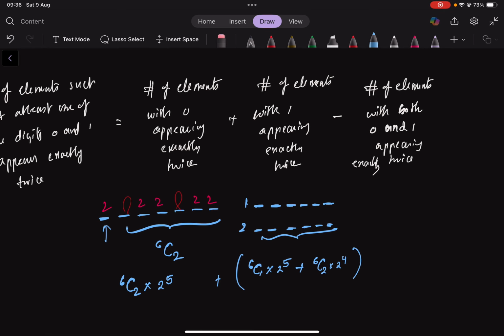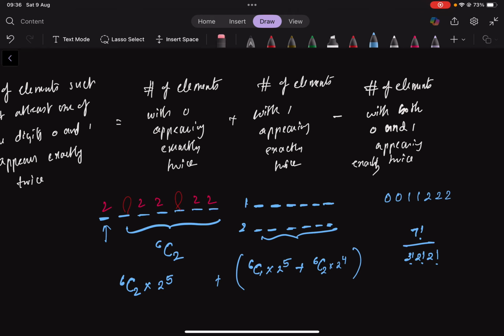we have both 0 and 1 appearing exactly twice. That means 0 0 1 1 2 2 2. So this is the structure. If they both are appearing twice, the arrangements will be 7 factorial by 3 factorial into 2 factorial into 2 factorial. That is the number of ways of arranging this, but this will contain all the numbers starting with 0 as well.